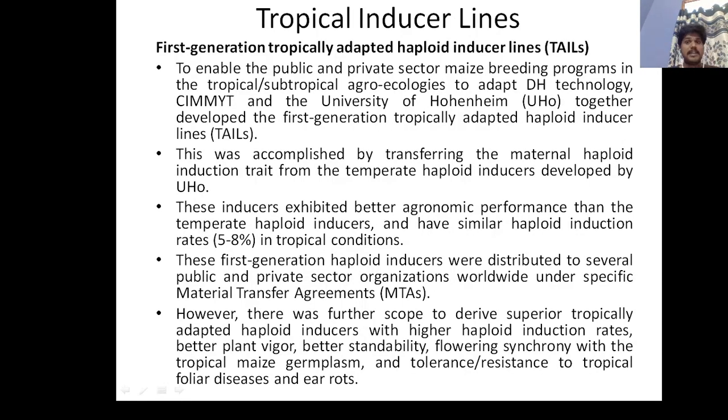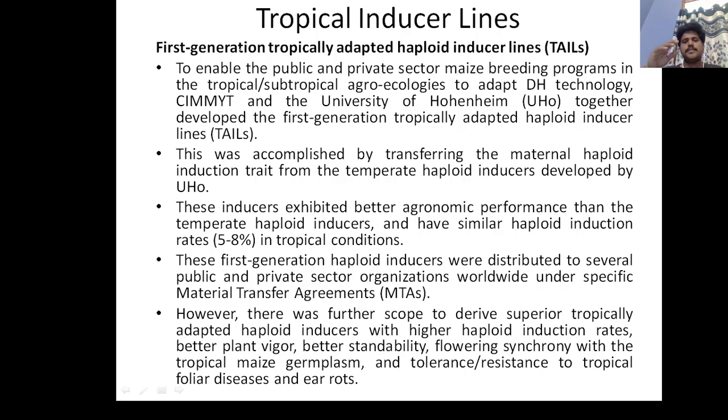Then tropical inducer lines. The first generation tropically adapted haploid inducer lines are referred to as TAILs. To enable public and private sector maize breeding programs in tropical and subtropical ecologies to adopt DH technology, CIMMYT and the University of Hohenheim together developed these TAILs. This was first accomplished by transferring the maternal haploid induction trait from the temperate haploid inducers developed by UHOH.